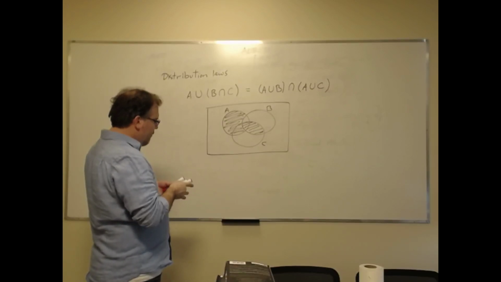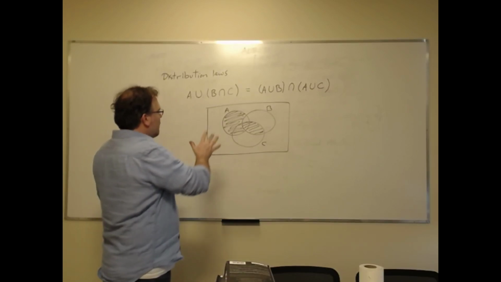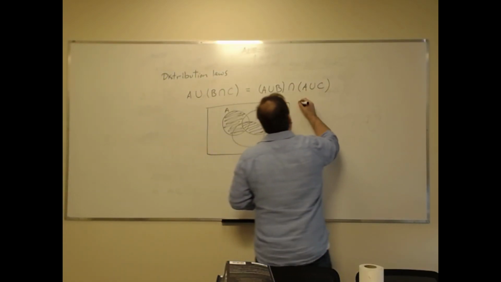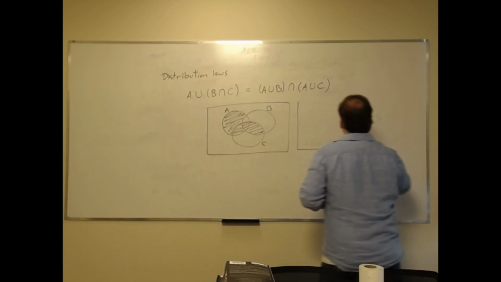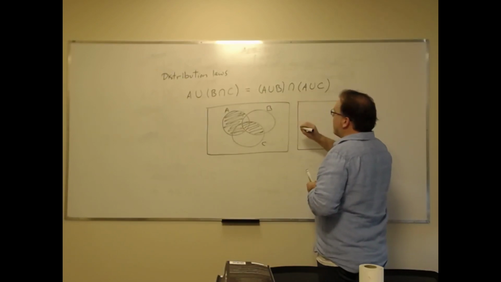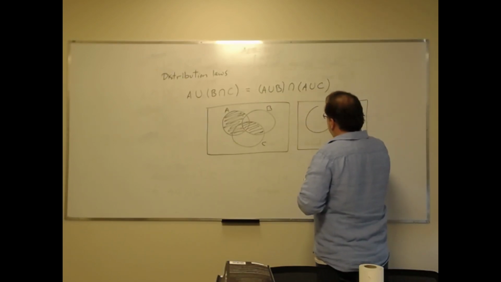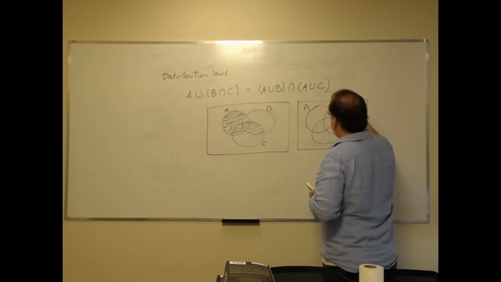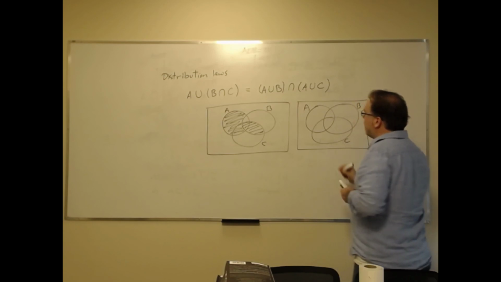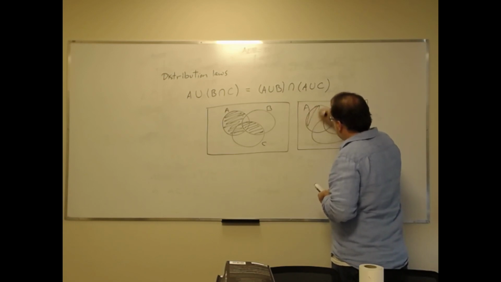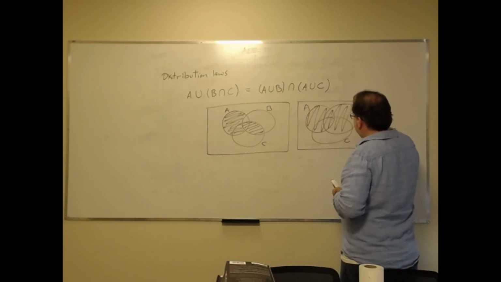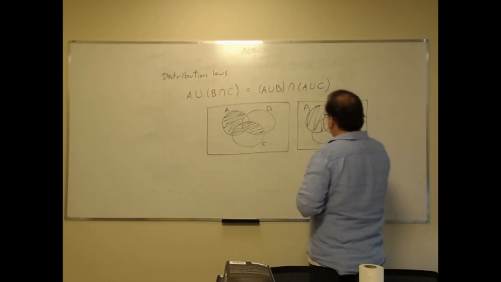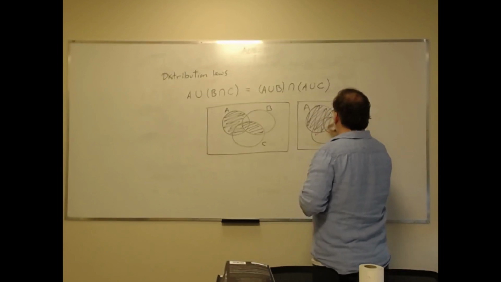So here we have the left-hand side. So let's do the picture a second time. This time for the right-hand side, and we'll see if we get the same picture as an end result. So A, B, C. So A union B is all of that up here, right? And A union C is all of that stuff here.